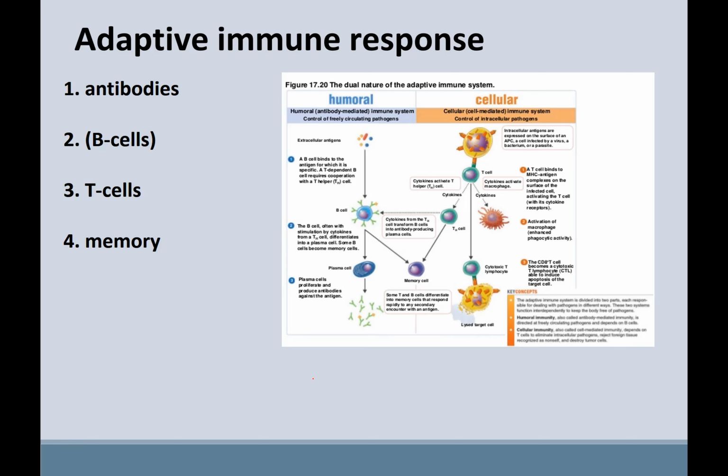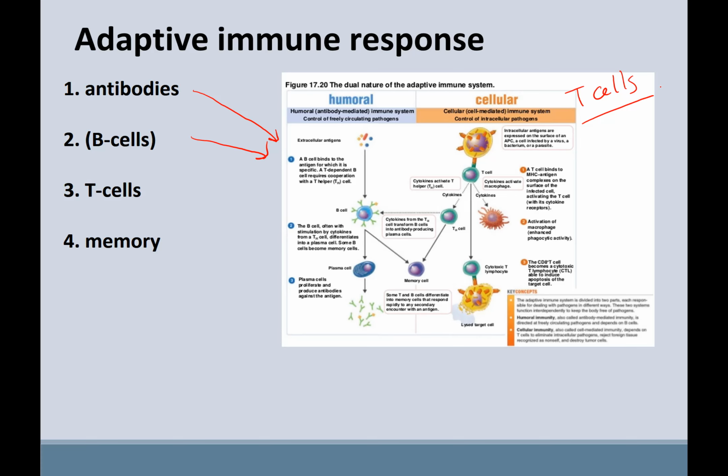Now we're going to switch over to the adaptive immune response. So humoral is talking about antibodies and B cells, and cellular is talking about T cells. Okay.